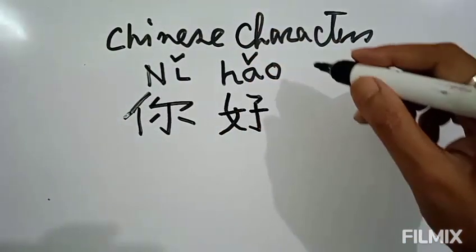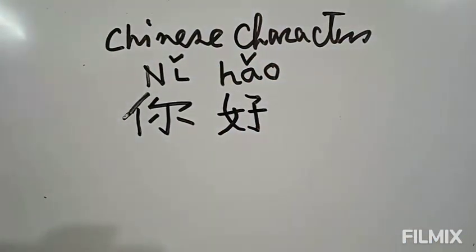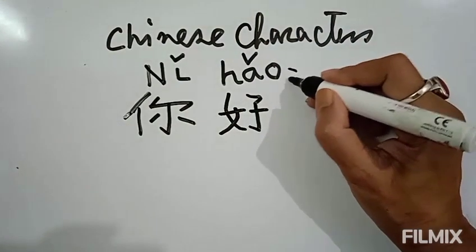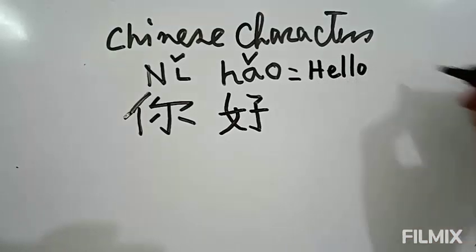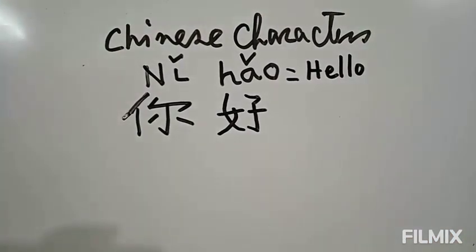Ni hao is the pronunciation and the meaning is hello. It is a very commonly used character. Whenever you are meeting somebody, or Chinese people, first you have to say ni hao, hello.